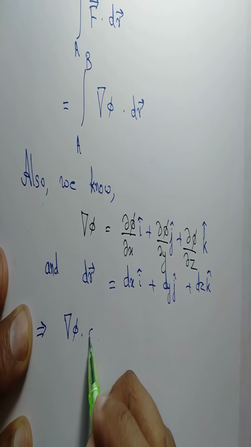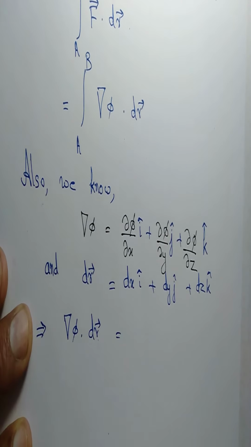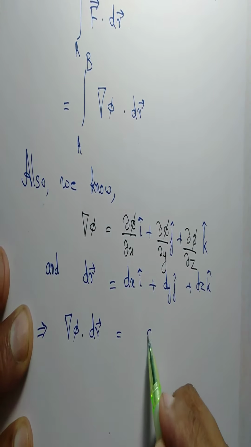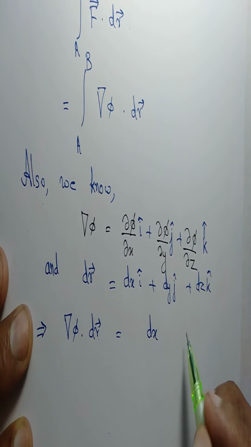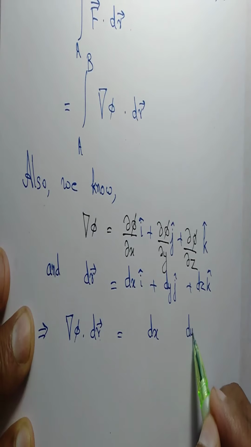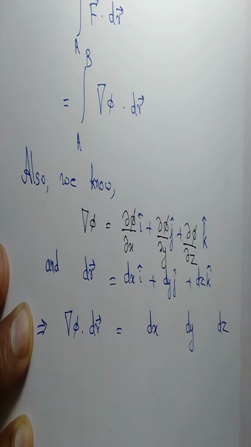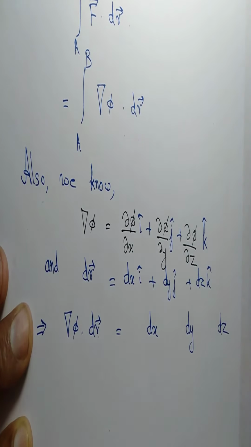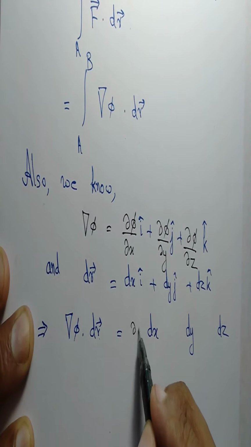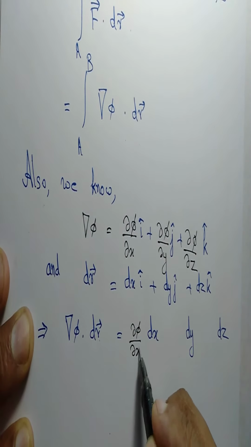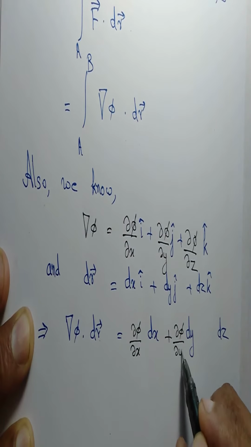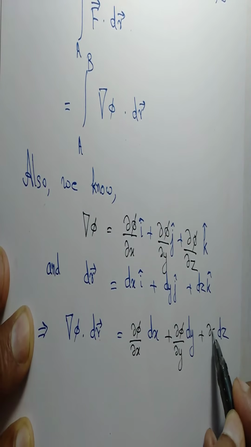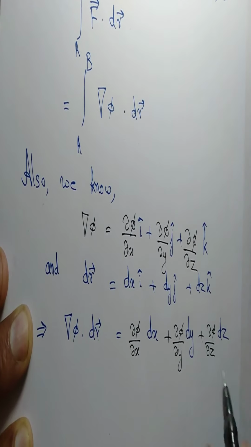gradient of phi dot dr is del phi del x dx, since i dot i is 1 and i dot j is 0, plus del phi del y dy plus del phi del z dz. Del phi del x dx plus del phi del y dy plus del phi del z dz.